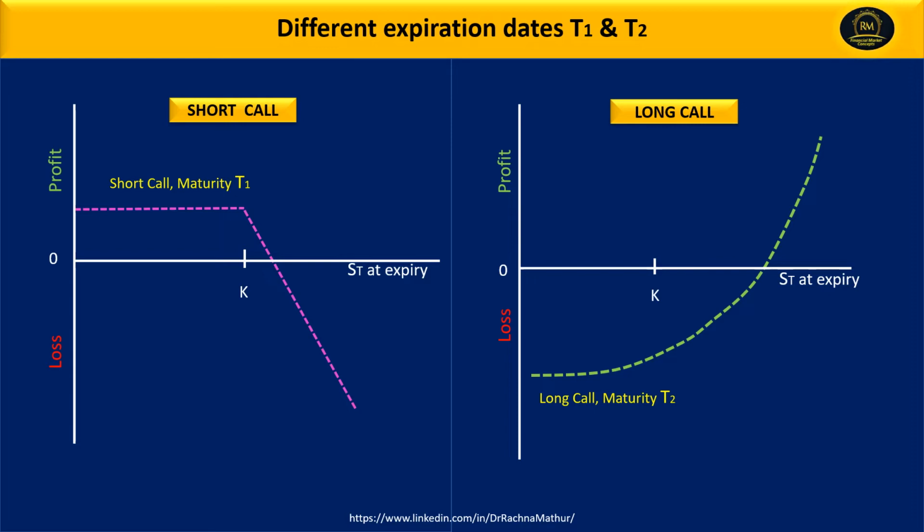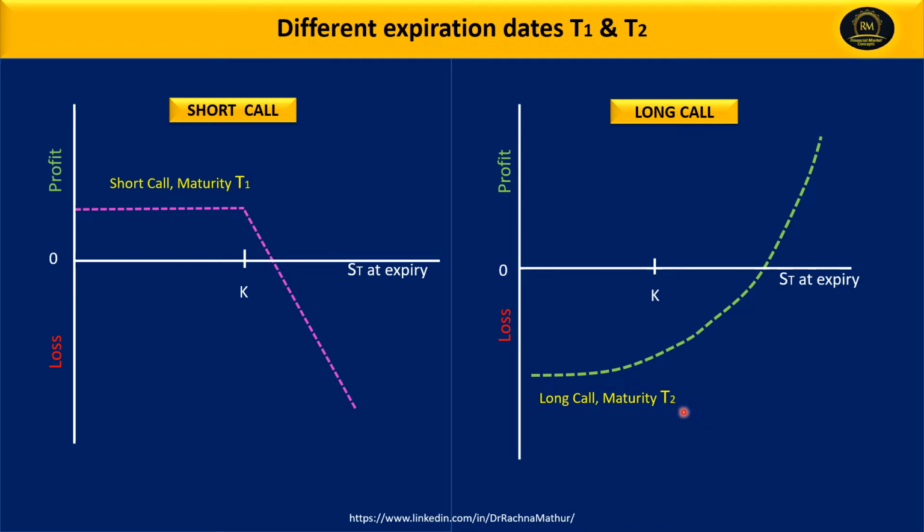So here I have taken calls, short call and long call. When you are taking a short time, your curve will be a kink-shaped curve as you have created in earlier spreads. So here is a short call where your curve becomes kinked at the strike.